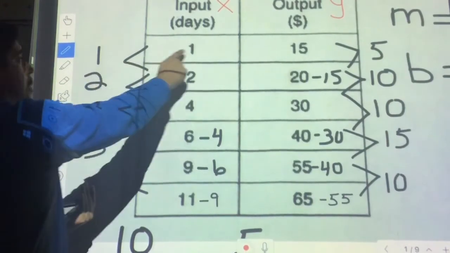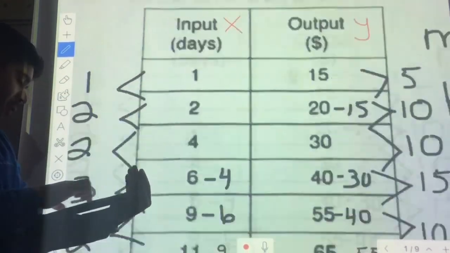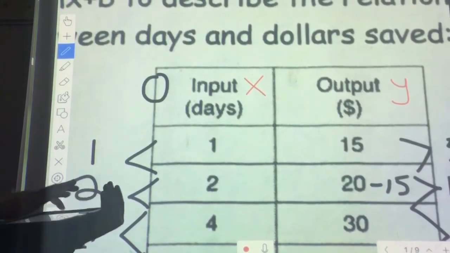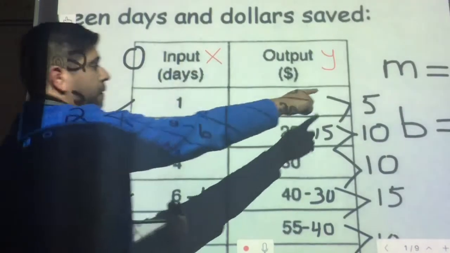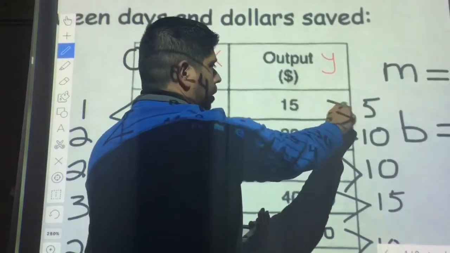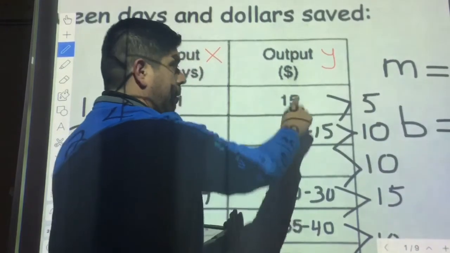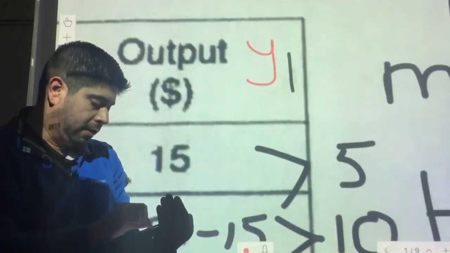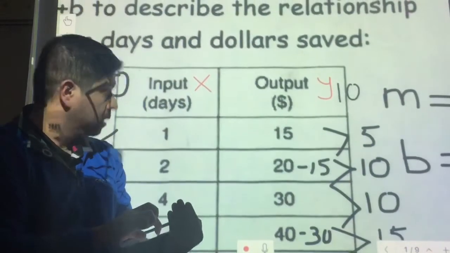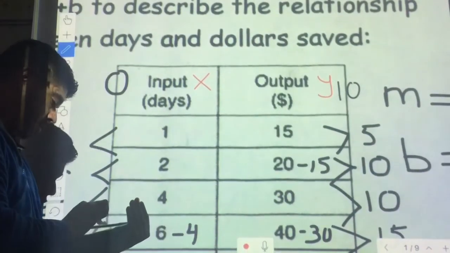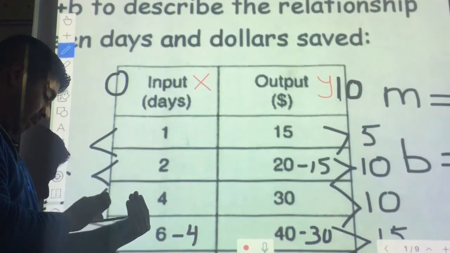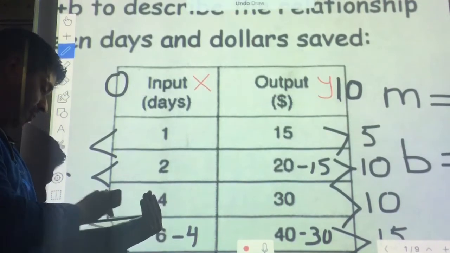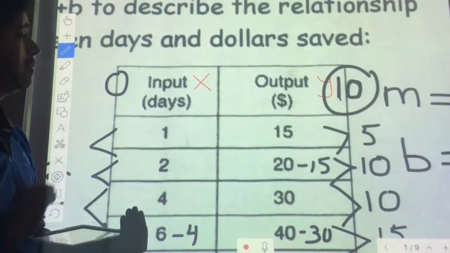So if I go from 1 to my next number up here, which would be 0, as my x, if I'm changing by 5s from 15, adding 5 would go to 20, but if I went backwards, subtracting 5 from 15 would give me 10. Okay? So 0 gets paired with 10. So that right there is going to be my y-intercept.